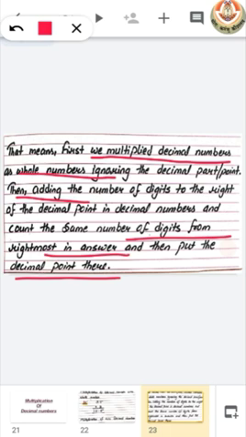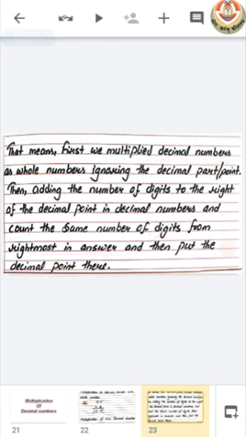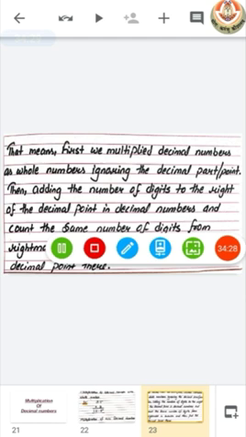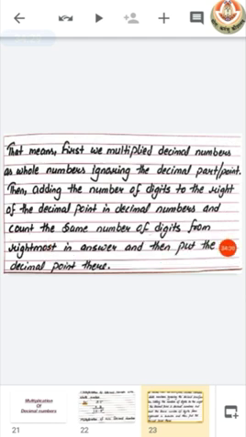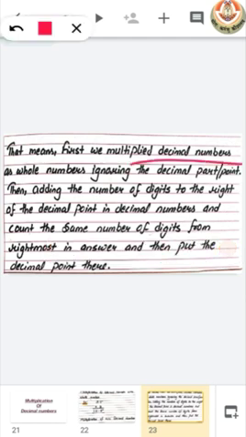Okay class, just recall it again. For multiplying decimal numbers, first we multiply them as whole numbers, ignoring the decimal part. Then add the number of digits to the right of the decimal point in the decimal numbers.